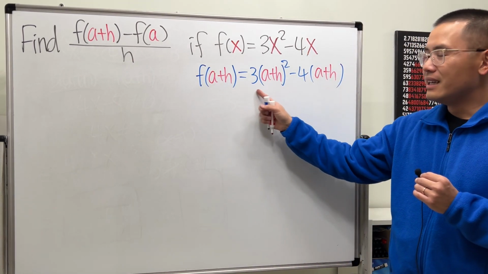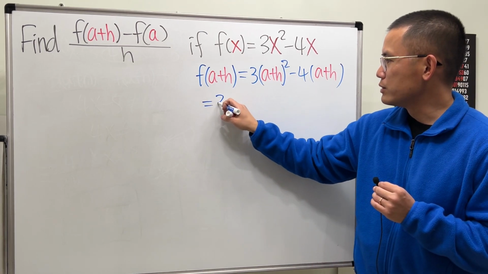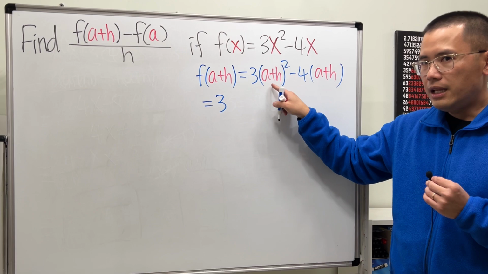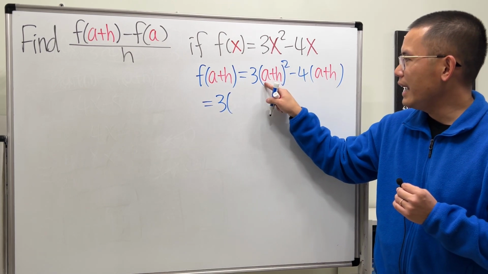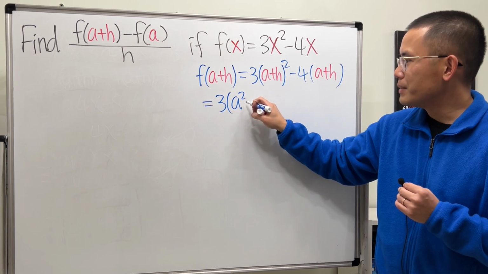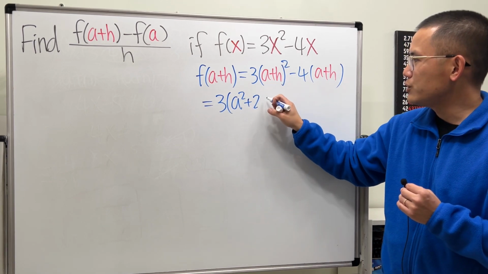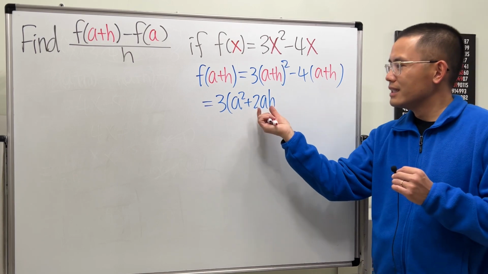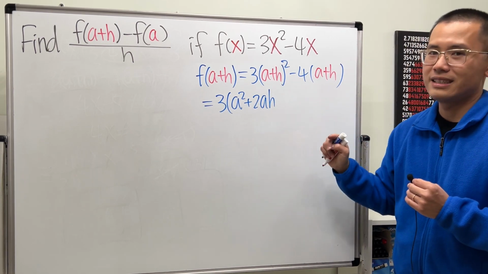Alright, expand this. I'm going to put this down right here. Here we have the 3 times a plus h squared. Remember the expansion formula. We get a squared, and then please remember this part, plus 2ah. The middle part is plus 2ah, 2 times this and that.